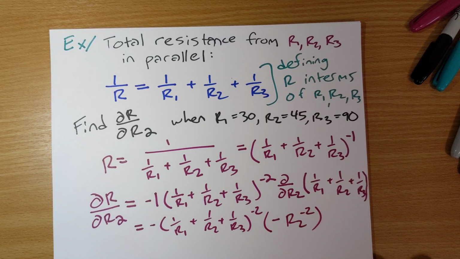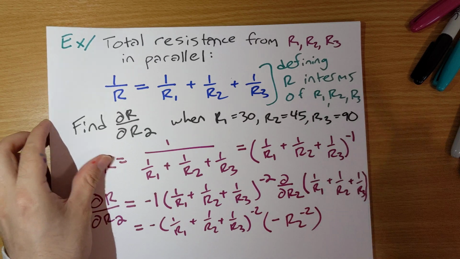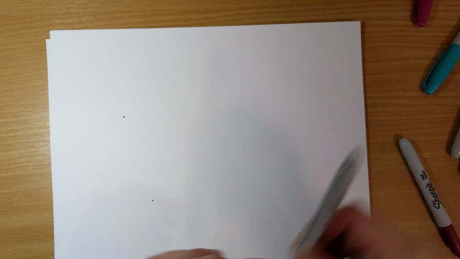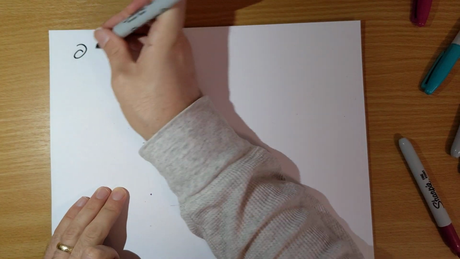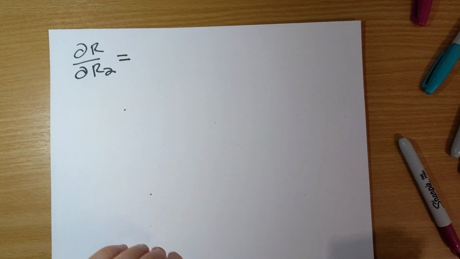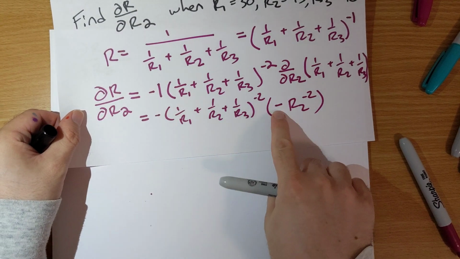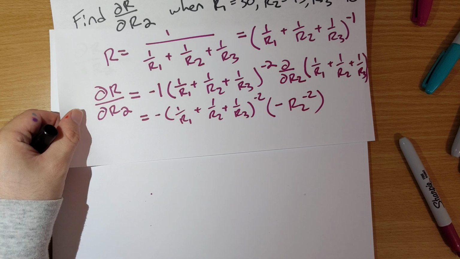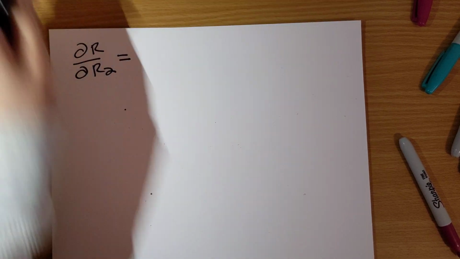Okay, so at this point then, let's just go to a new slide so we can get everything together here. The partial derivative of R with respect to R2 ends up with minus and minus, those cancel each other out.